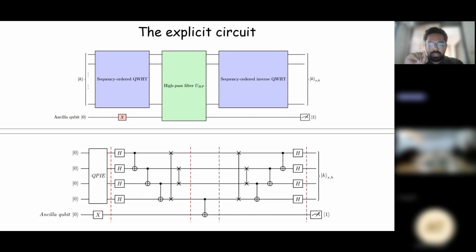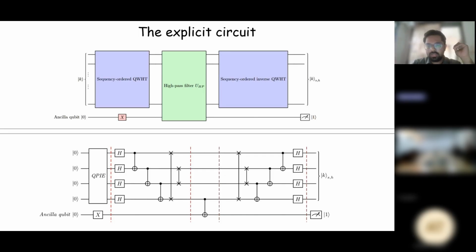So what this one C naught gate does is it will separate out the first half and second half of the frequency spectrum. If I assume I have n components in the vector, it will take half of them with ancilla qubit 0, and the other half will be attached to ancilla qubit 1.